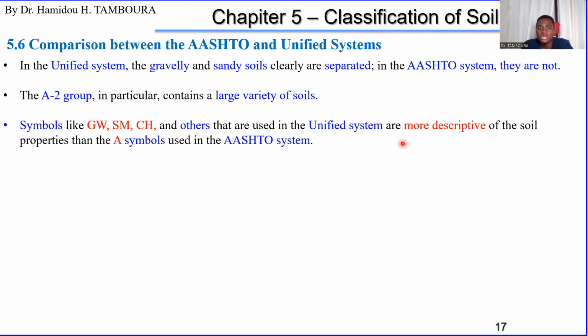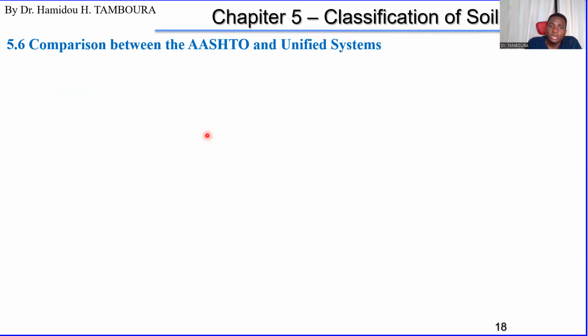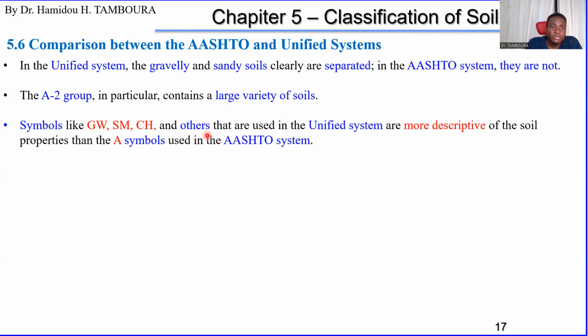The only symbols used in the AASHTO system are A1, A2, A3, up to A7, okay? However, the unified system is more detailed, it describes the soil more, okay, as we can see here.